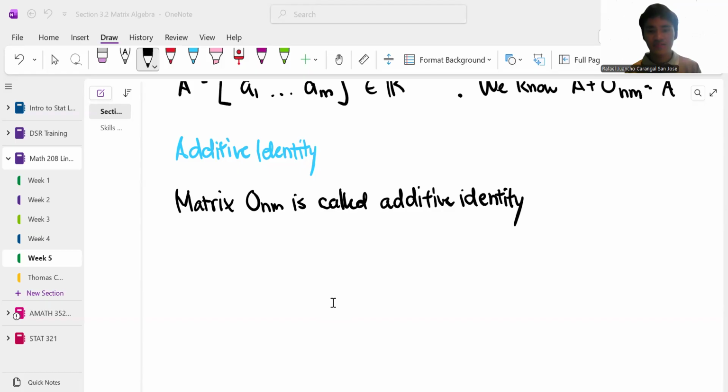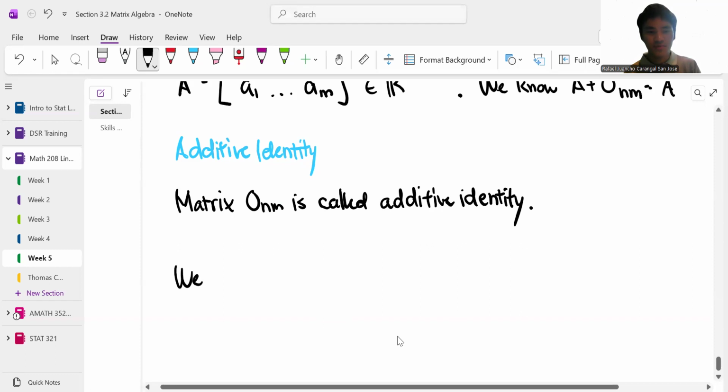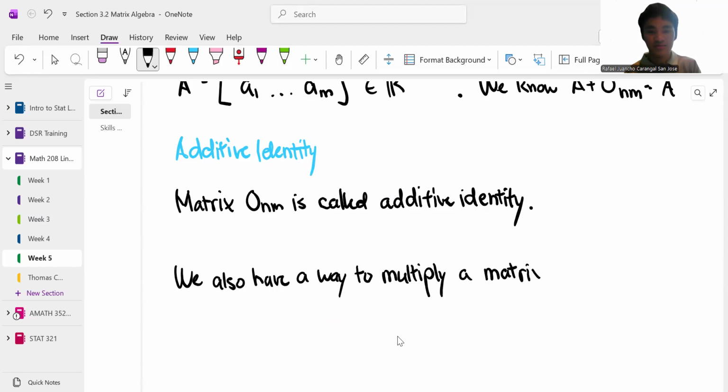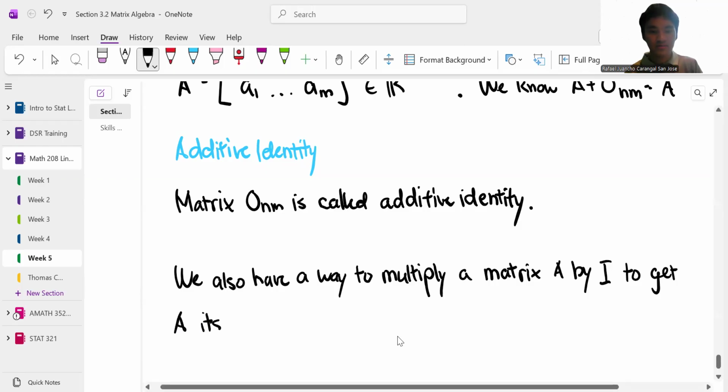So here we also have a matrix I. Let's say we also have a way to multiply, I'm writing this in my own words, matrix A by I to get A itself.